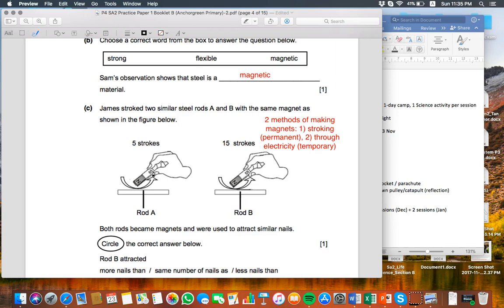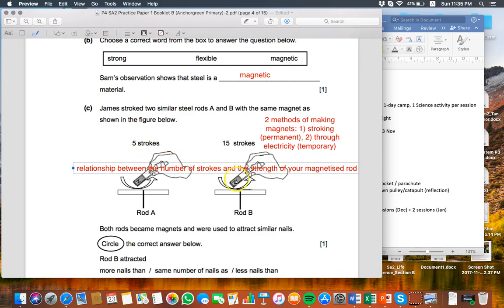Okay, sorry again. What is the relationship between, let me write it down. Relationship between the number of strokes and the strength of your magnetized rod.